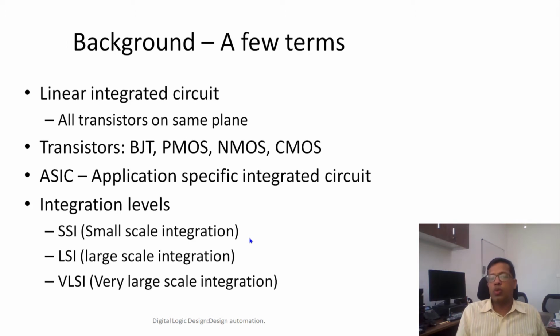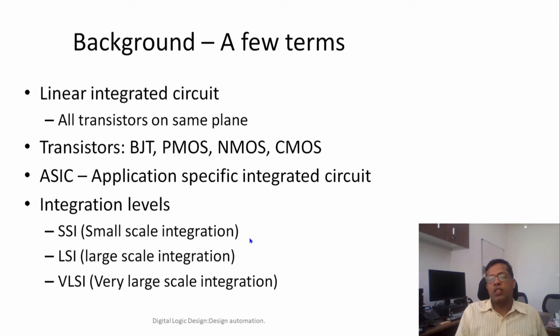Because of this Moore's law, because of the increase in integration, the increase in number of transistors per chip, it has gone beyond the hundreds of thousands limit. So right now we have hundreds of millions of transistors, and some chips also have more than a billion transistors on one integrated circuit or one chip.